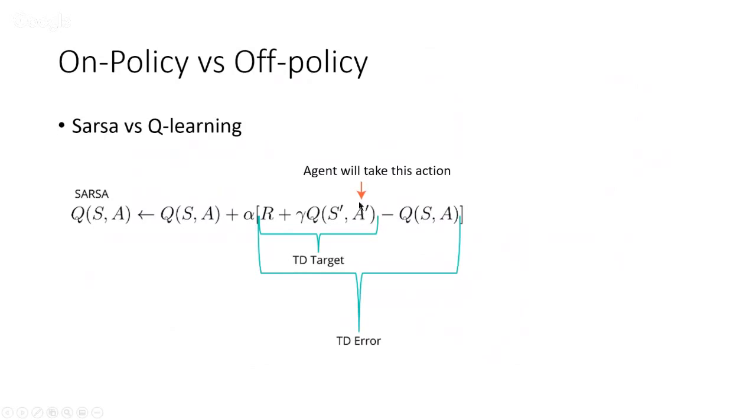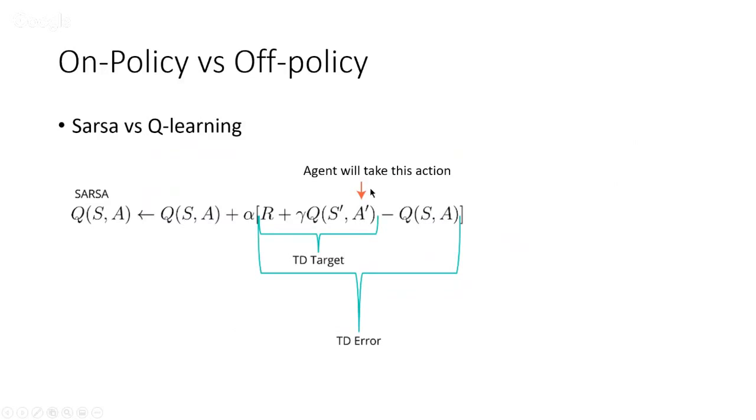I used a prime to compute Q(s', a') and update my Q(s, a) using this. Again, this is the TD target, and this is the TD error, remember. So I use s', a' for updating my action value function, but I also took the same action when I entered s'.